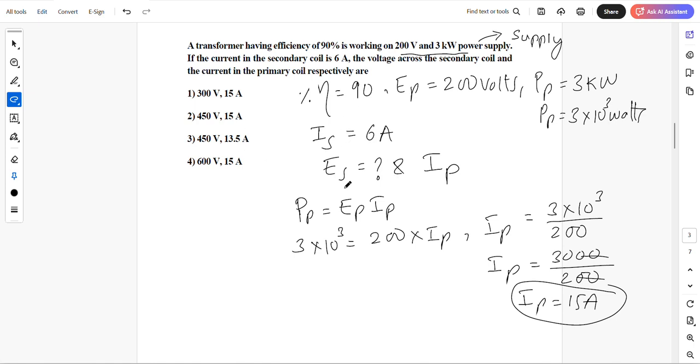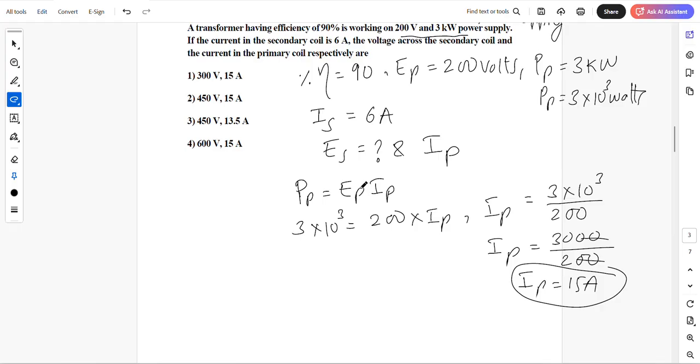Now what else do you have to calculate? ES. How to calculate ES? Because they have given efficiency. Eta is equal to ES into IS divided by EP into IP.